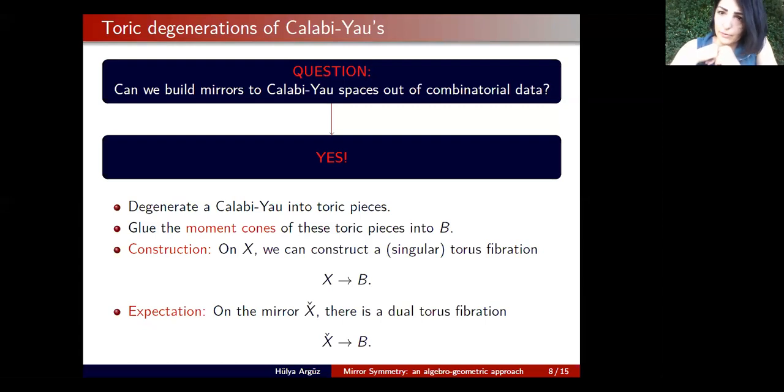And there are other constructions, and most recently, in our work with Siebert, we showed that you can construct torus fibrations on families of Calabi-Yaus using what we call Kato-Nakayama spaces, which I will also talk about.